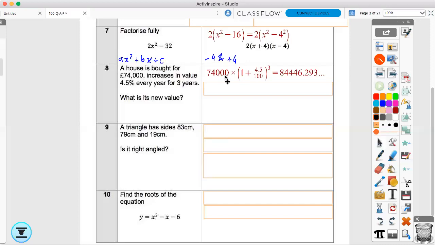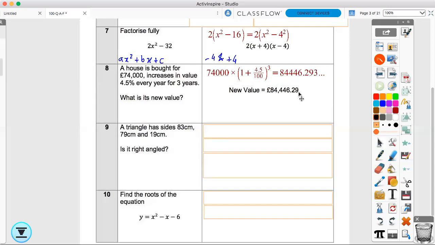Now you've noticed I put my first answer with dots because what I'm looking at here is a value in terms of money. So even if they don't tell you to give your answer to 2 decimal places, whenever you're dealing with money, it's to the closest pennies.